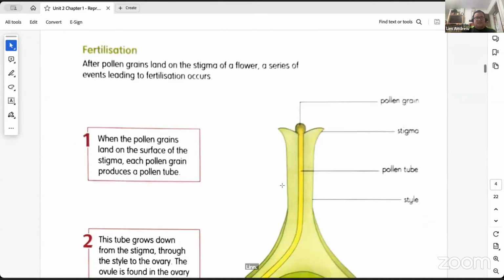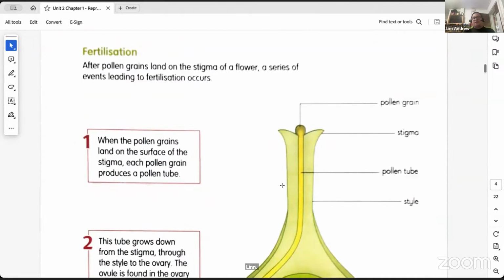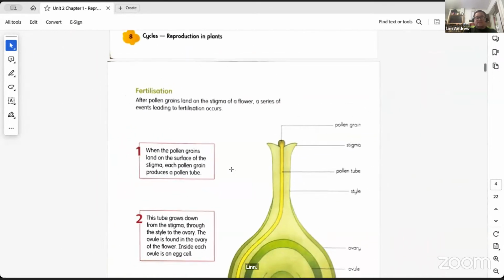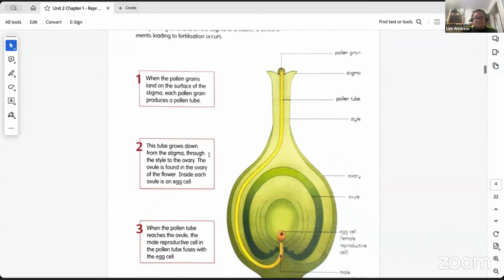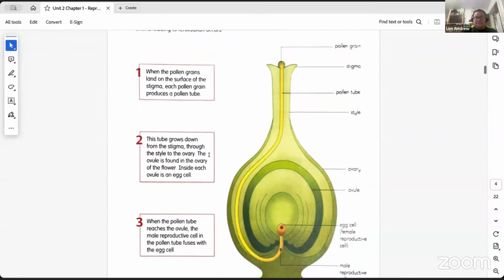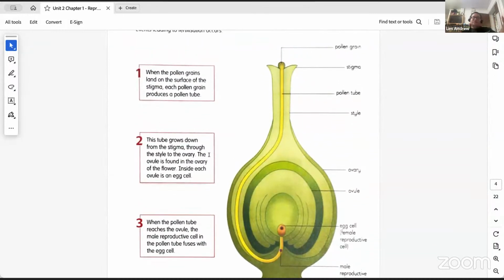All right. Now, after the pollen grain has landed on the stigma of a flower, what happens next? Students, be very careful. We know that pollination has two types: animal pollination and wind pollination, but they both result in the same conclusion.